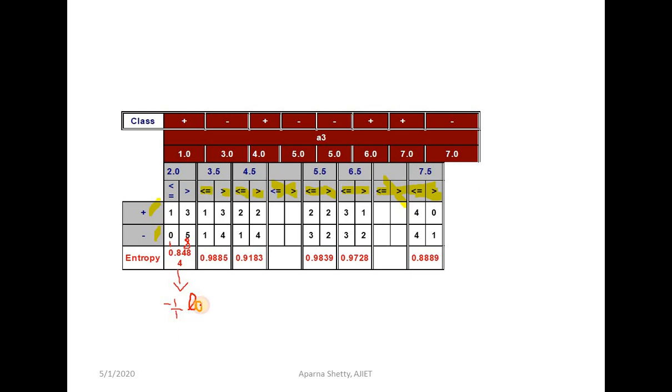log to the base 2, 1 divided by 1. The next value is 0, so minus 0 divided by 1 log to the base 2, 0 divided by 1.